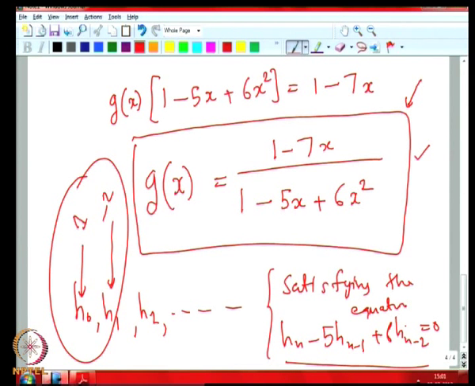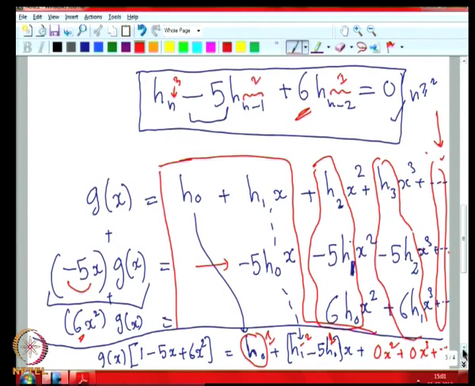This is what allowed us to cancel off most of the terms in the sum, the terms which come after the second term. From the third term onwards we have no contribution because of this relation.